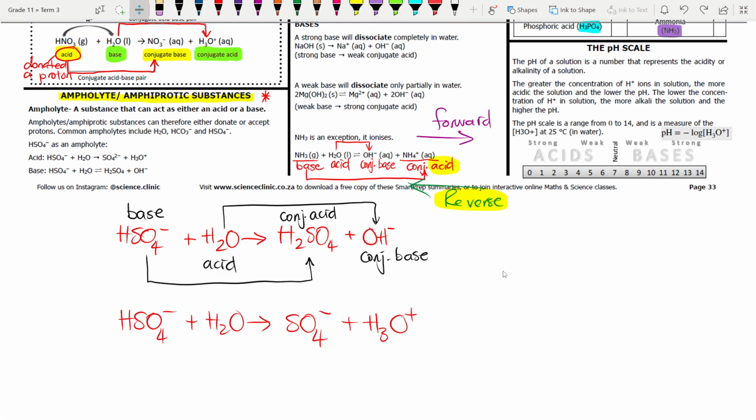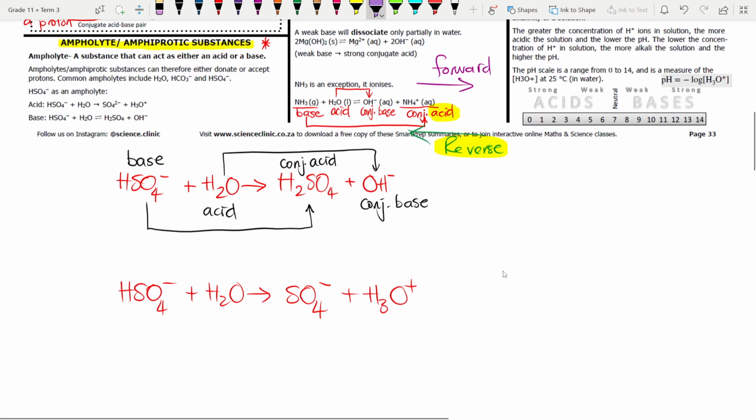So let's look at the second equation. We see that HSO4 minus now becomes SO4 2 minus. So it definitely donates its last proton. Because it donates, it's an acid.